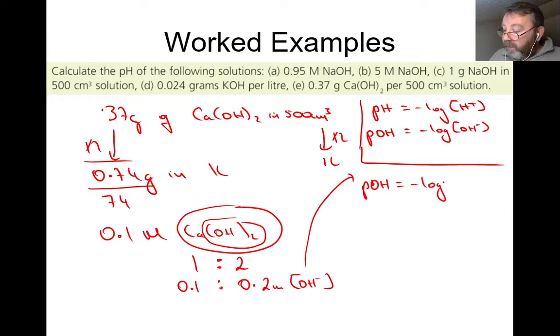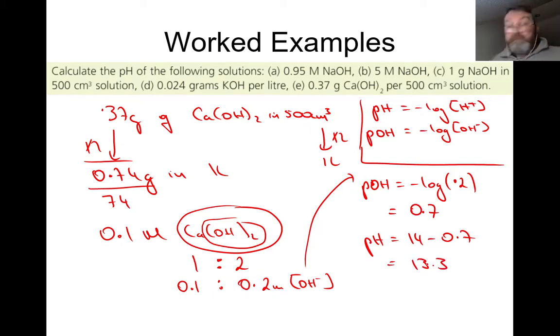So it's minus the log of 0.2. And minus the log of 0.2 comes out as 0.699. So again, we get 0.7. Just leave it as 0.7, round it off. And the pH will be 14 minus 0.7, which is 13.3. And that's your pH of that one.